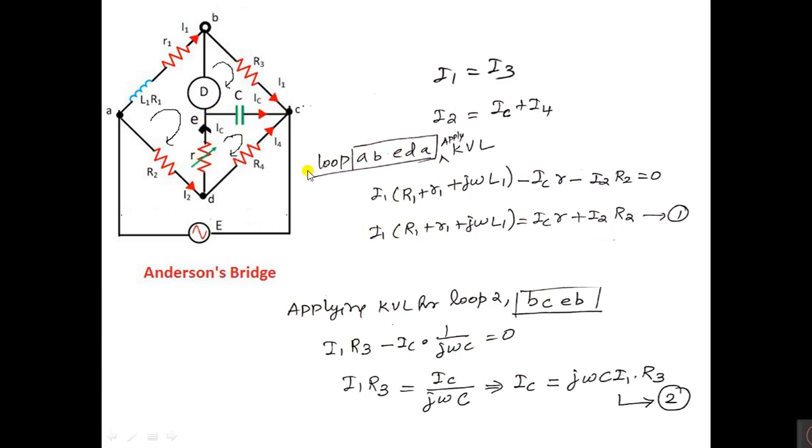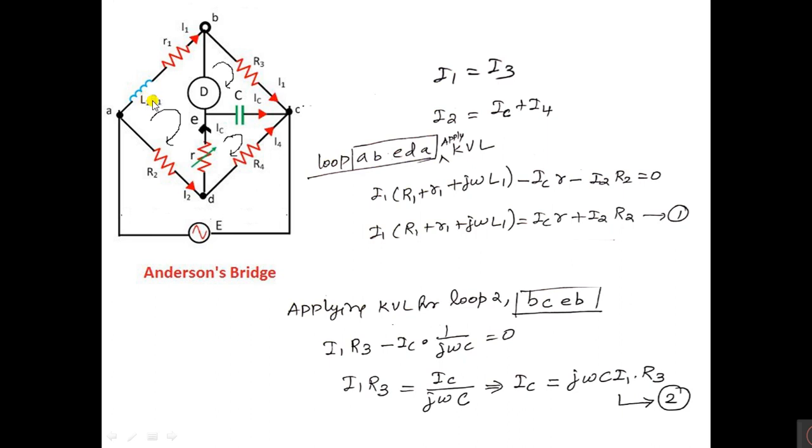Now I am considering three loops. The first loop is A, B, E, D, A. I am applying KVL here. The current flowing in this arm is I1, so I can write I1 into R1 plus small r1 plus j omega L1.